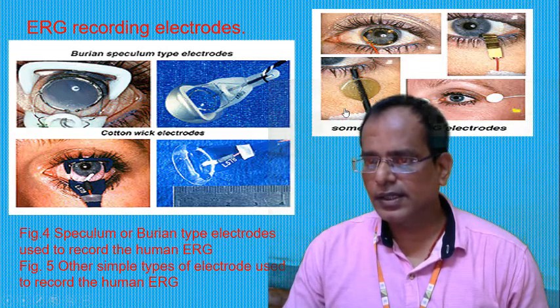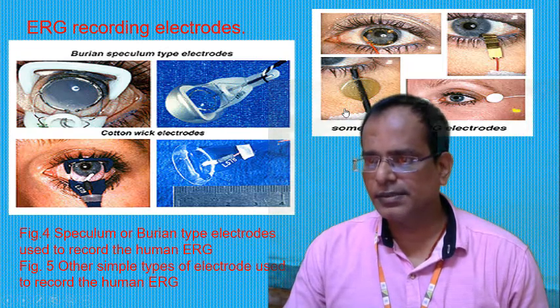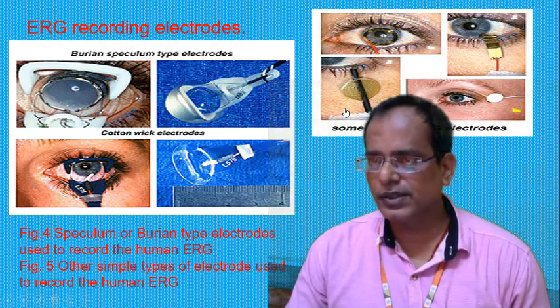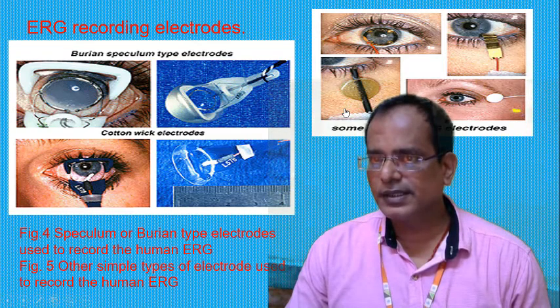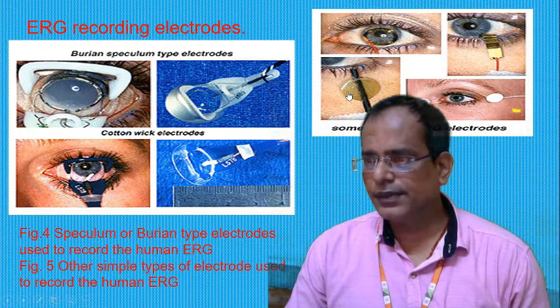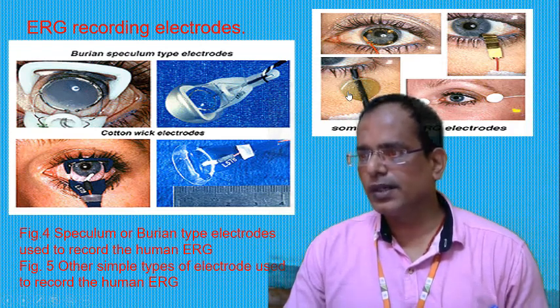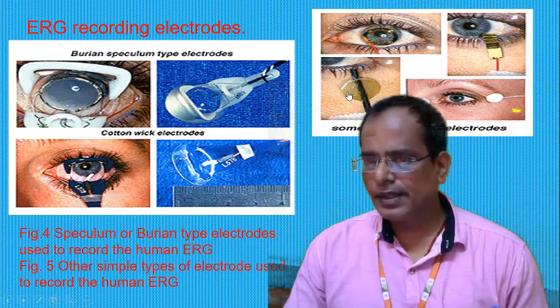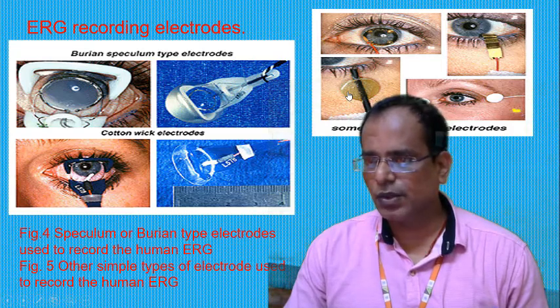There are yet other similar ERG recording devices you are seeing in Figure 5, this side here. These electrodes use gold Mylar tape that can be inserted between the lower lid and sclera or cornea.